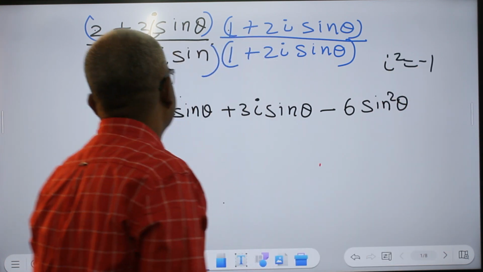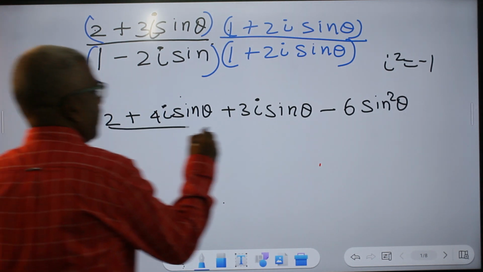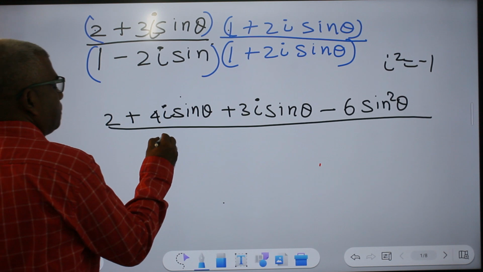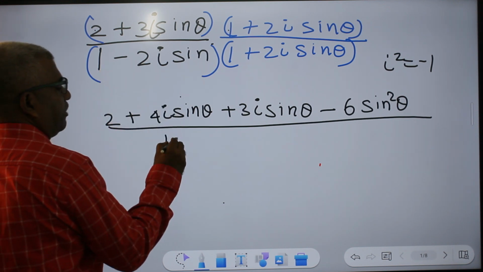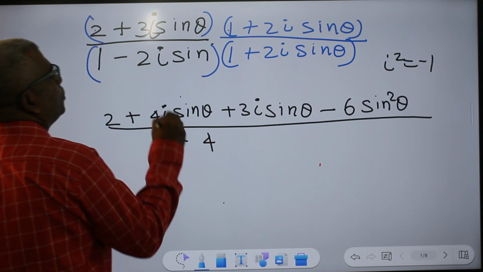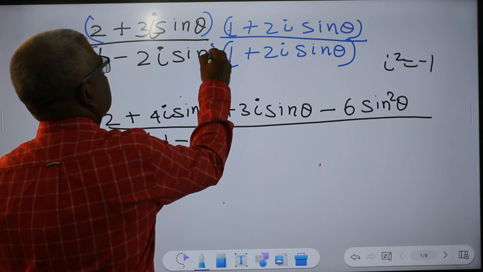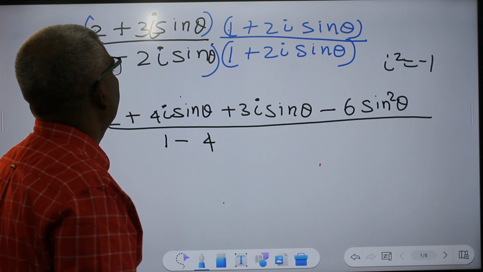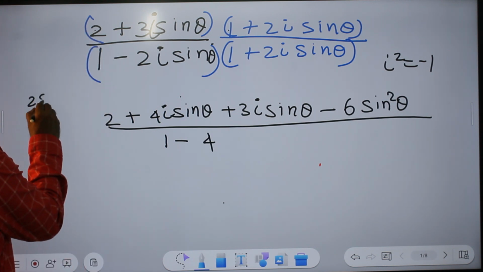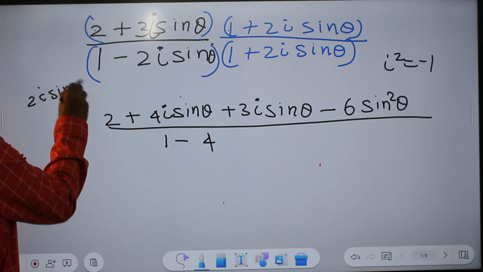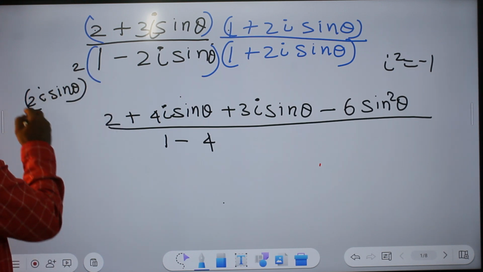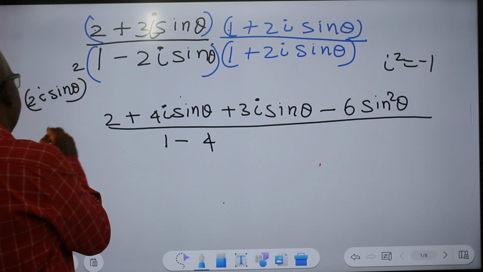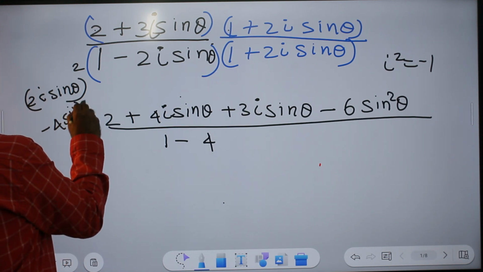The denominator is divided by a minus b times a plus b, which is a squared minus b squared. a squared is 1 squared, minus b squared, where b is 2i sin theta. b square is 2 square, which is 4, i squared is minus 1, so minus 4 sin square theta.